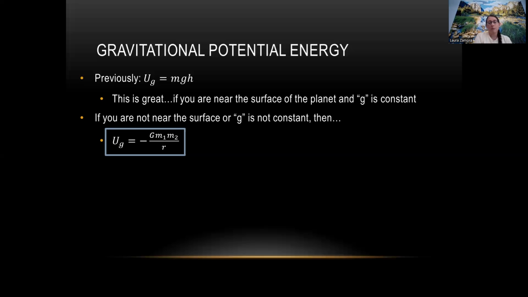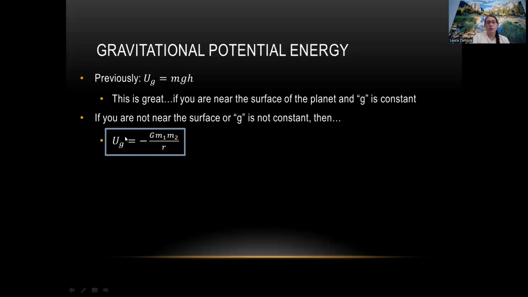We did some example problems yesterday, the International Space Station. We saw that even at a height of 405 kilometers above the surface, our acceleration due to gravity changed to like 8 point something. So as we go away from the surface of the Earth, that acceleration due to gravity changes, which means our gravitational potential energy is changing as well.